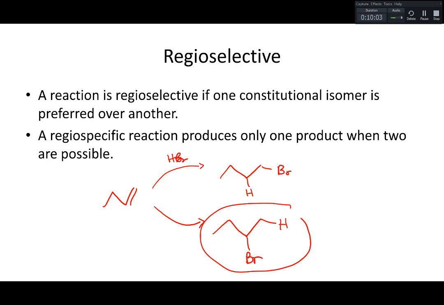Let's just say it's 95%, and the remainder is 5%. This is not a regiospecific reaction because I ended up with two products. It's regioselective. It could be highly regioselective, but I only ended up with a mixture of products, and I didn't end up with only one. So this is the idea of regioselective versus regiospecific.